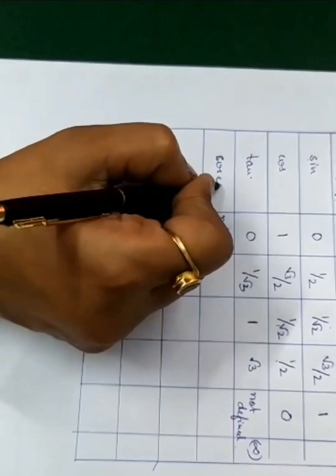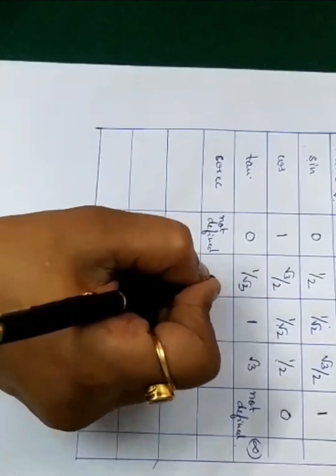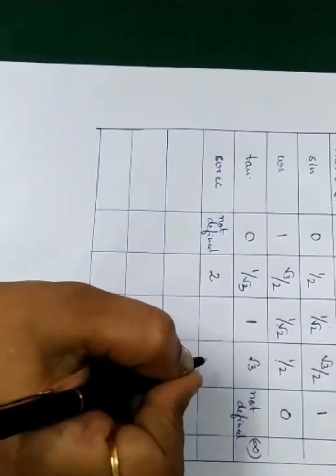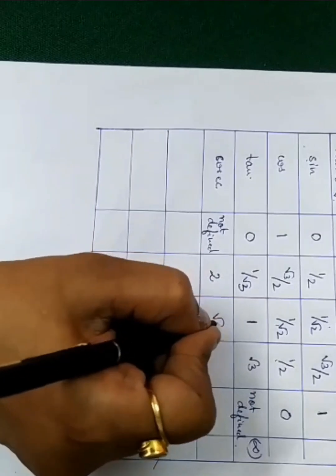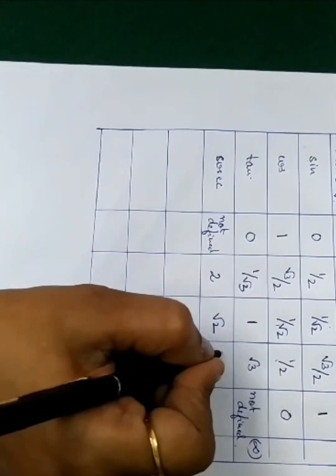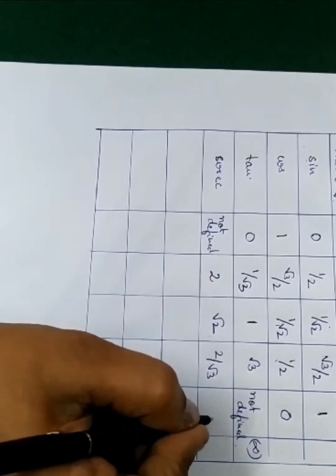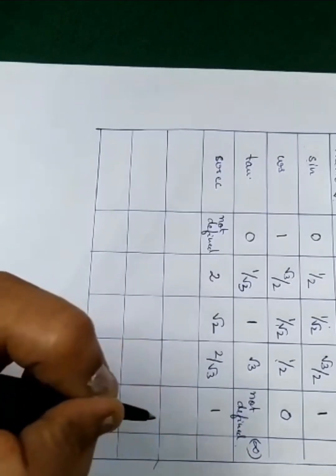Cosec 30 will be 2. Cosec 45 will be root 2. Cosec 60 will be 2 by root 3. And cosec 90 is 1 by 1, which we write as 1.